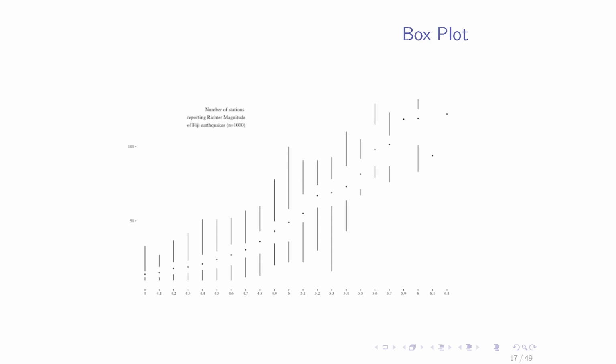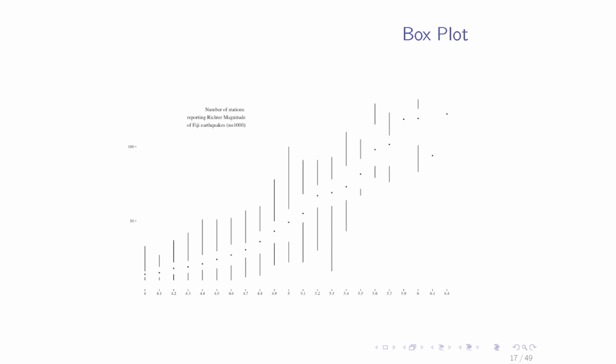actually show several. This is not a time series. This shows the number of stations reporting Richter magnitude of Fiji earthquakes for different values. How come the last two dots don't have any lines attached to them? These ones, yeah, he's not representing that data.